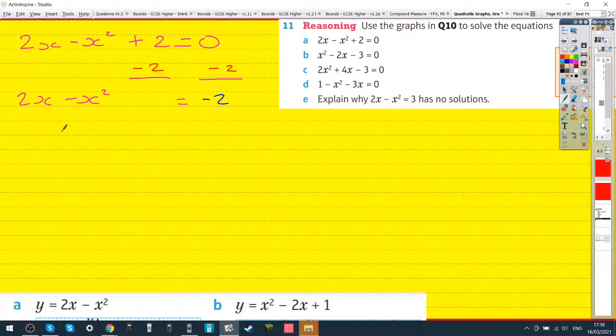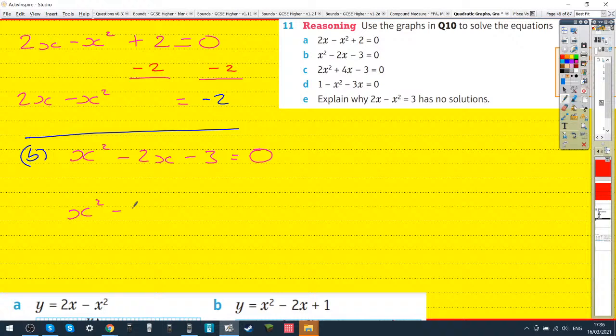Okay, so how about question B? Something similar. So we have x squared minus 2x minus 3 equals 0. We want to change it into x squared minus 2x plus 1. And so what do we have to do to both sides of that one?